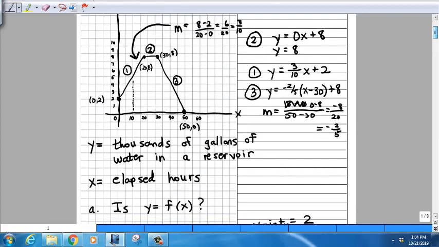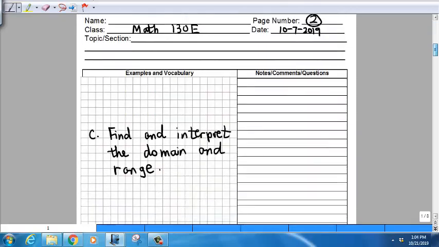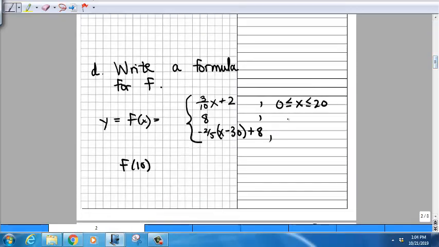What about for the middle piece? So for what x values do we use that middle formula? 20 to 30, that's right, okay? So just write that down, for what x values you're going to use that middle piece. And that's between 20 and 30.